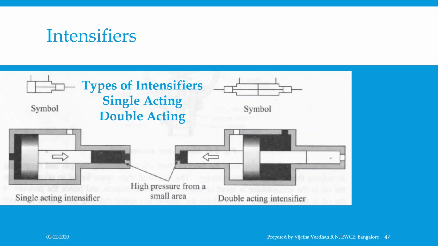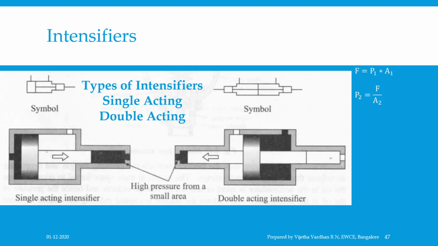The low pressure fluid enters the fixed cylinder on the larger diameter of the plunger, and the force applied is calculated as F is equal to P1 into A1, which can also be written as P is equal to F by A, where P1 is the low pressure oil entering the larger side of the plunger, and A1 is the area.